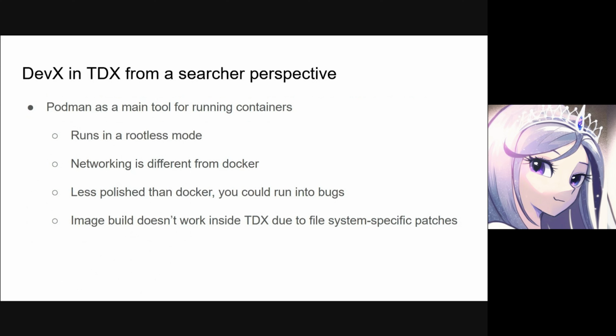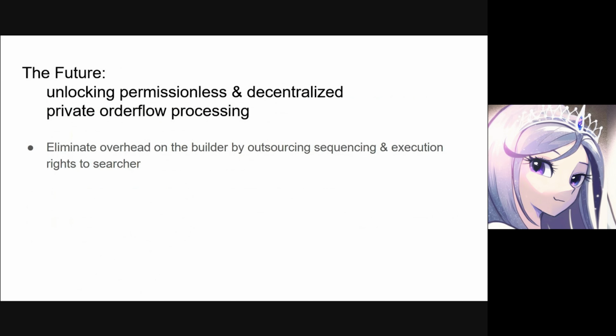And I also personally bumped into some bugs in the Podman networking, and that's really hard to debug when you are inside TDX. So you should consider that. And then, as already mentioned, image building doesn't work locally.